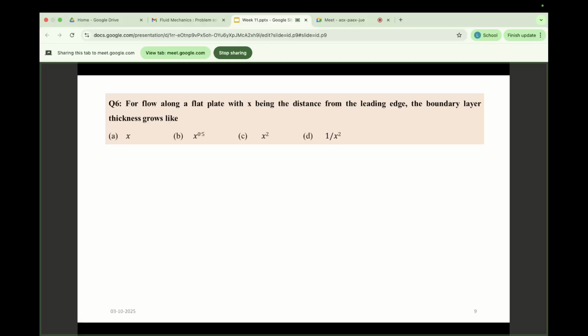As I have said, for flow along a flat surface, consider it as a laminar flow. So we have the Reynolds number, and 5x by this one is our formula, right? Again, this Reynolds number can be written as u x by nu.